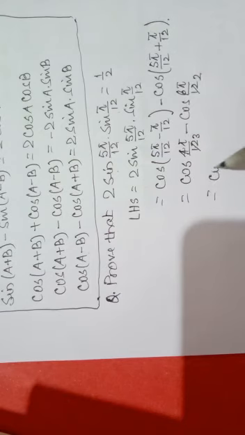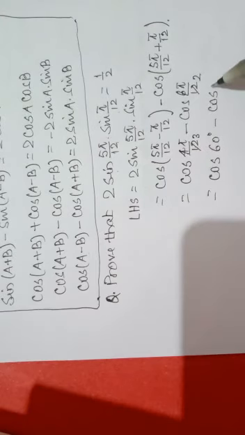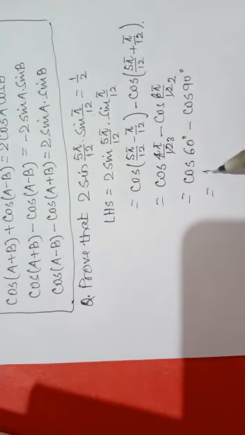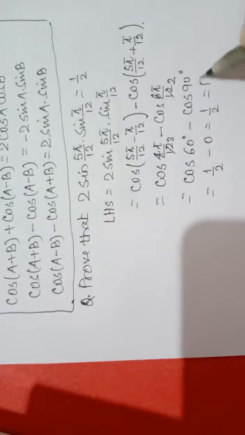So this is cos 60 degree minus cos 90 degree. Cos 60 degree, or π/3, you already know, is equal to 1/2, and cos 90 degree is 0. So 1/2, which is your RHS, and hence the result.